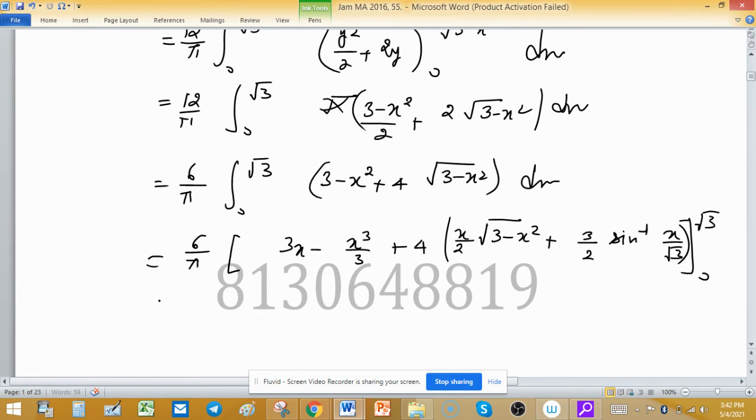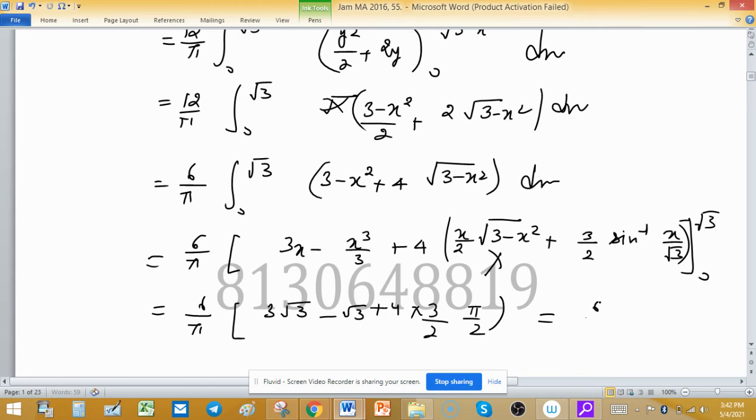So we have 6 upon pi, and the value of the first part is 3 root 3. Putting the upper limit, 3 root 3 minus root 3, the 3 and 3 cancel out, plus 4 times the term that goes to 0 plus 3 by 2 times sine inverse 1, which is pi upon 2.